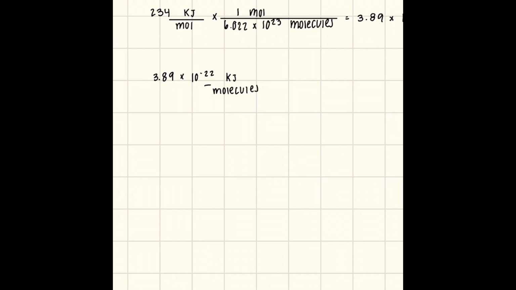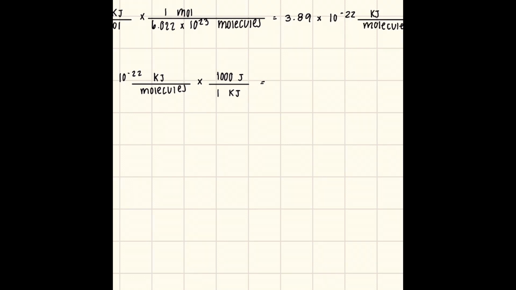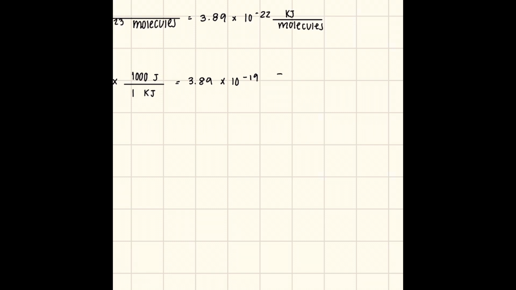We know there are 1,000 joules in 1 kilojoule, so I put 1,000 joules on top and divide by 1 kilojoule. The kilojoules cancel out, and our answer is 3.89 times 10 to the negative 19 joules over molecules.